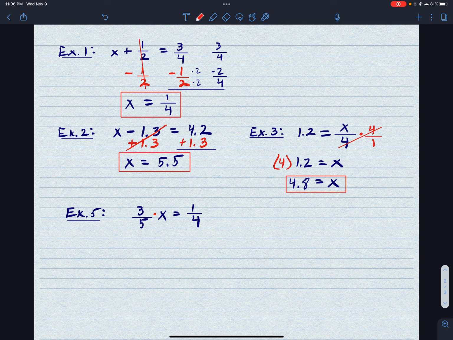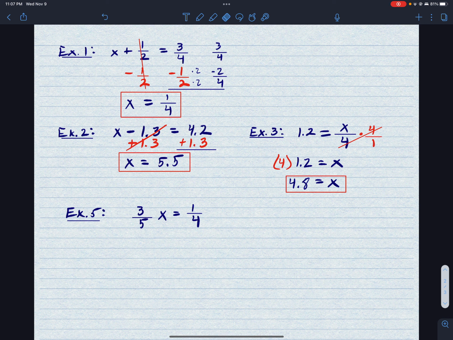We need to think about our easiest strategies when we're solving these because it helps us solve the problems quicker. What gets rid of the 3/5 the fastest? I could divide by 3/5, and 3/5 divided by 3/5 would be 1. It goes away. I'll be left with 1x. However, I don't want to do that, because there's a faster way.